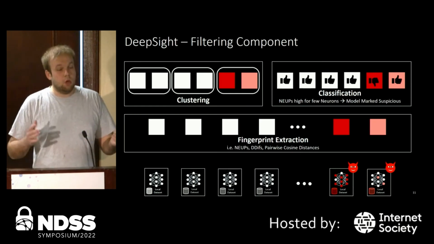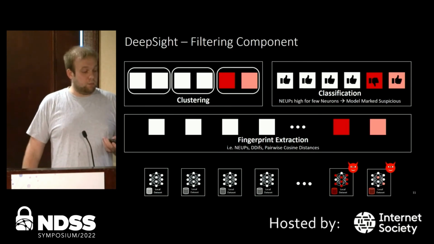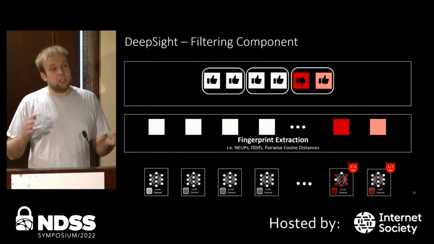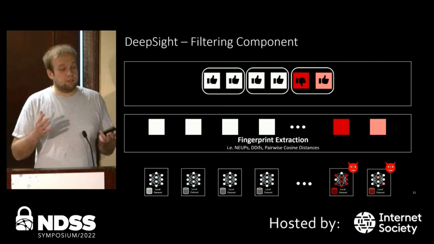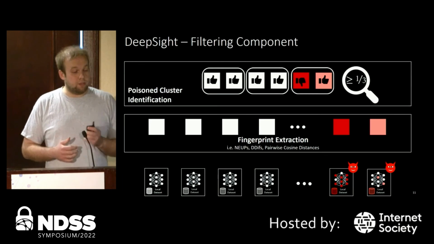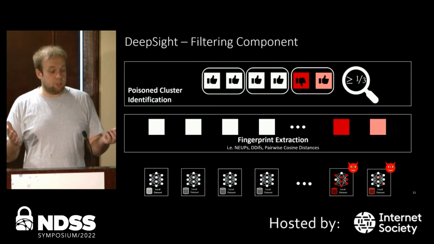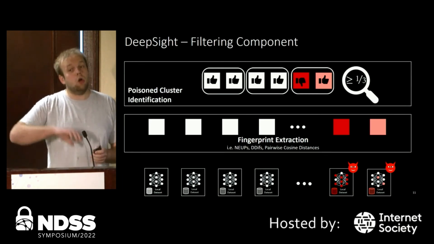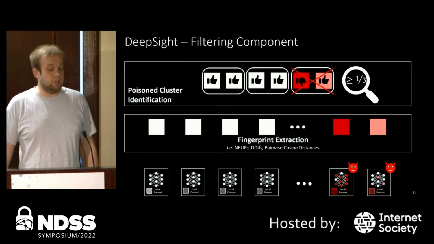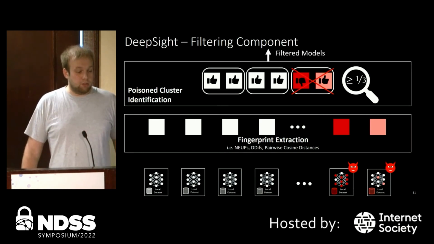To fix this, we combine it with the classification, and then we simply count for each cluster how many models were labeled as benign and how many as suspicious. If more than 1/3 of the models is labeled as suspicious, then we exclude all models in this cluster. By this, we can fix the false negative and continue only with the benign models.